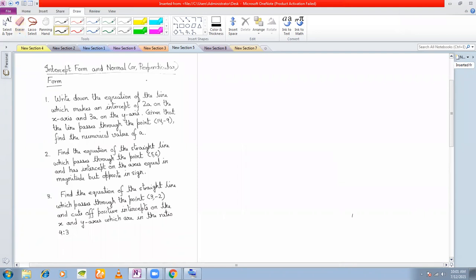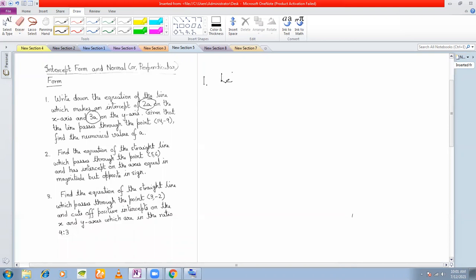First question: write down the equation of the line which makes intercepts 2a on the x-axis and 3a on the y-axis. Given that the line passes through (-14, 9), find the numerical values of a. Now you see that the x-intercept and y-intercept are given. What is the x-intercept here? 2a. What is the y-intercept? 3a.